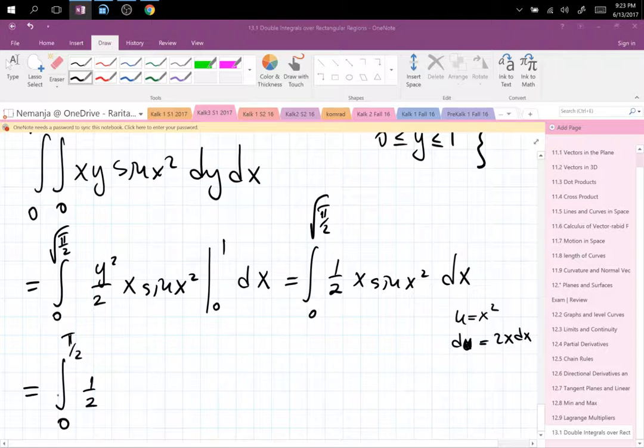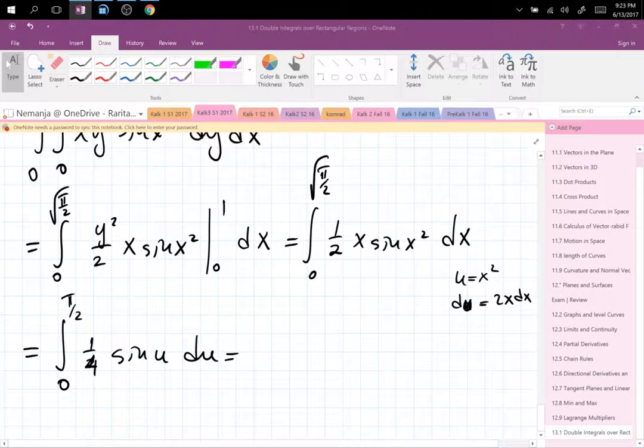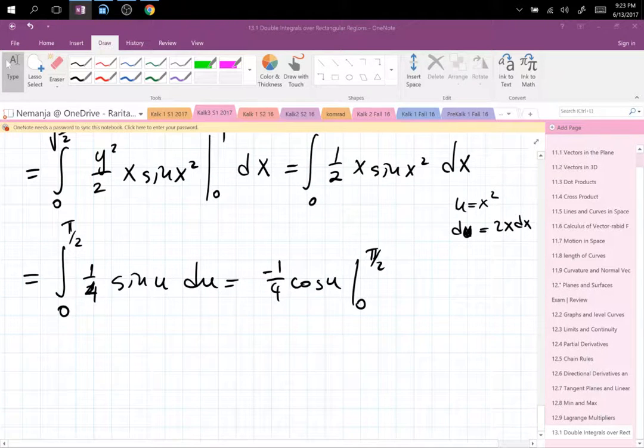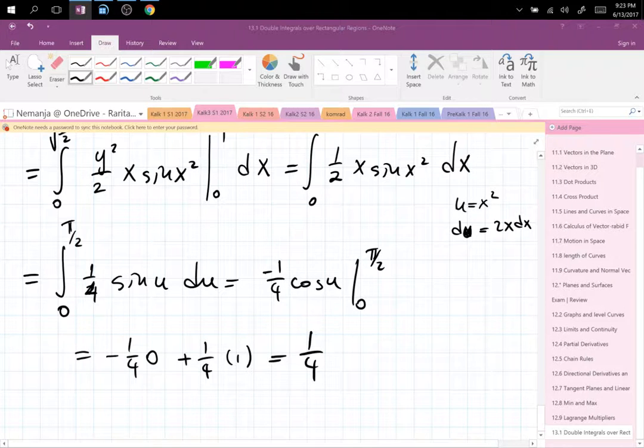I need a 2 there, so it's going to be a 1/4 here. Sine u du. Awesome. Integral sine is negative cosine, so negative 1/4 cosine u from 0 to pi over 2. When you plug in pi over 2, you get 0 times 1, and we get 1/4.